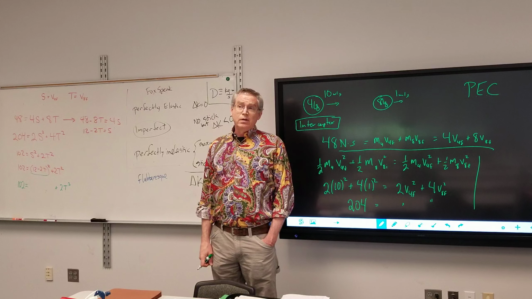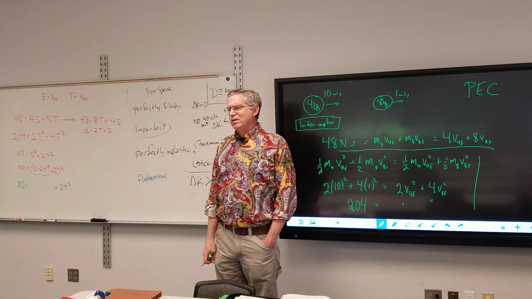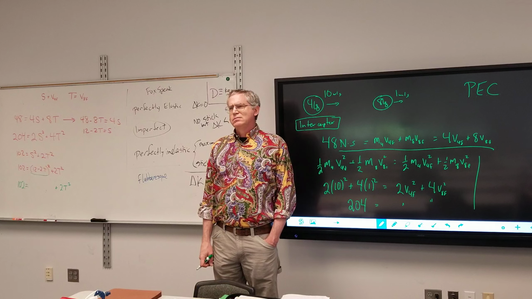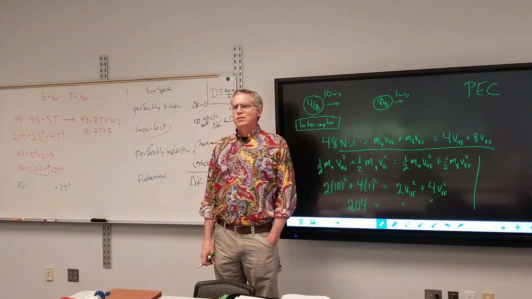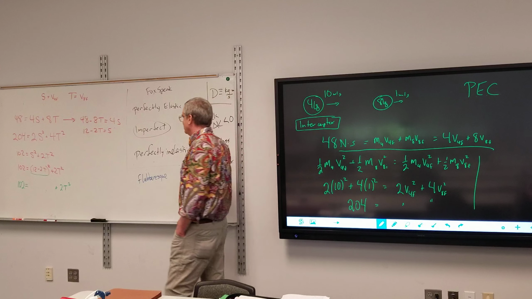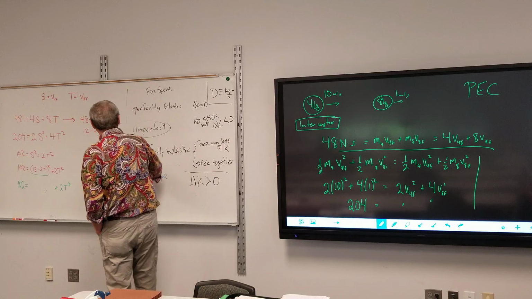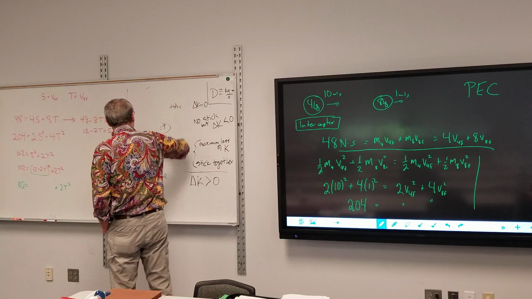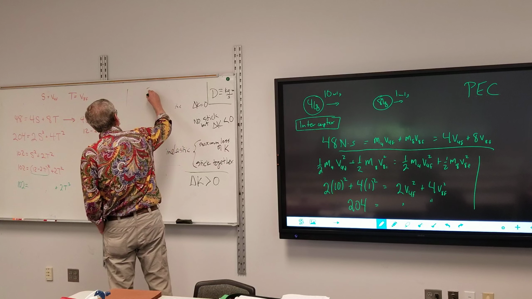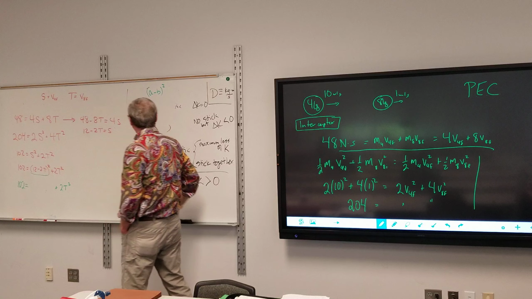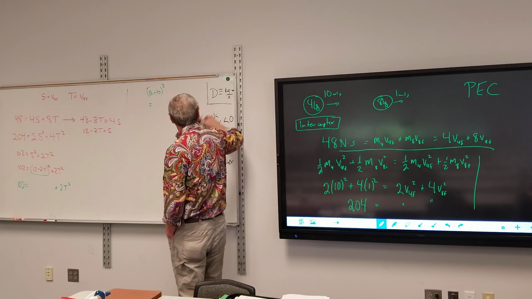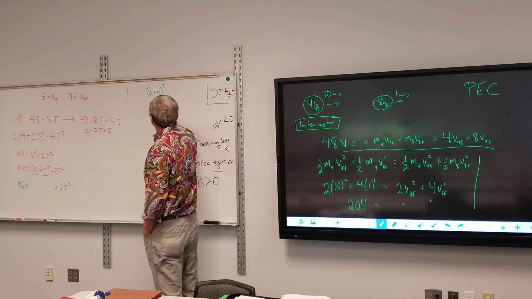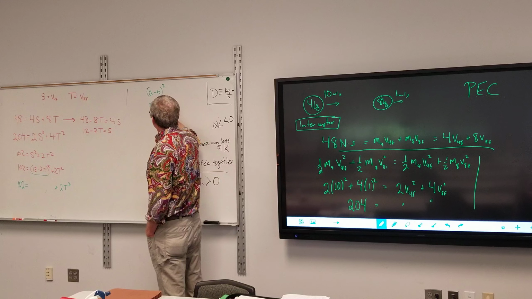Pardon? 48. Not 48. Or if it is, it's coincidence. Let's flash back. If I had a minus b squared, what does that equal? A squared plus 2ab. What? Minus 2ab.